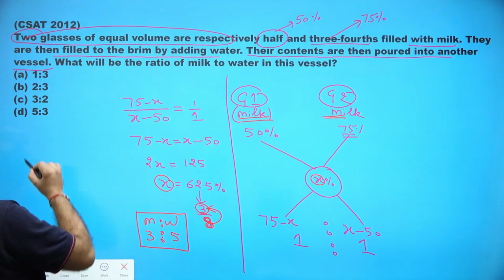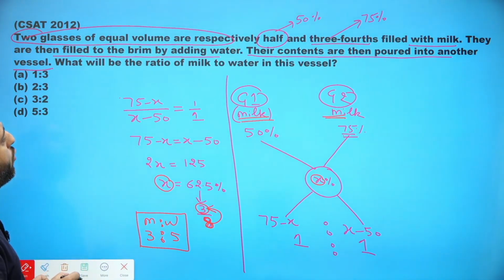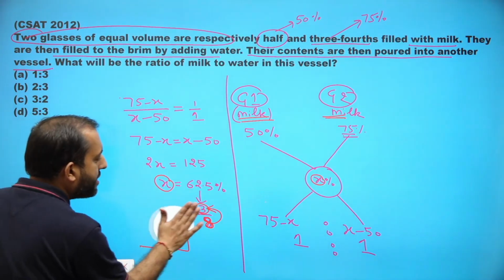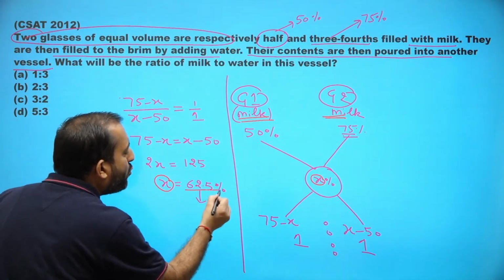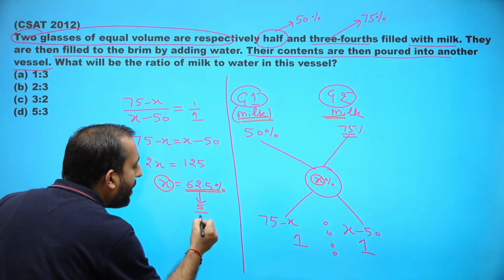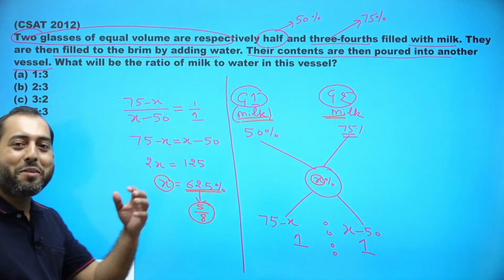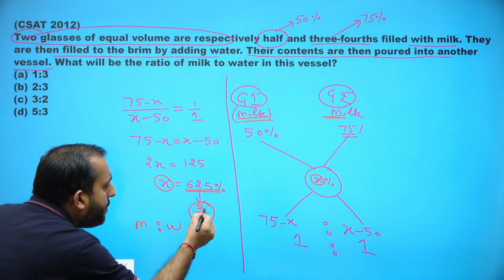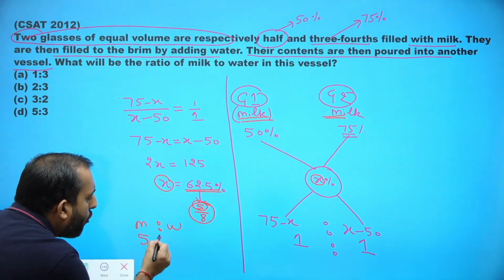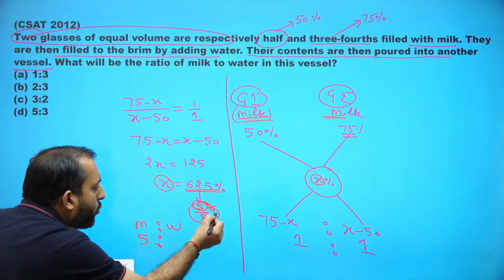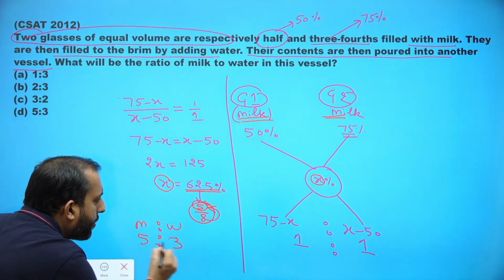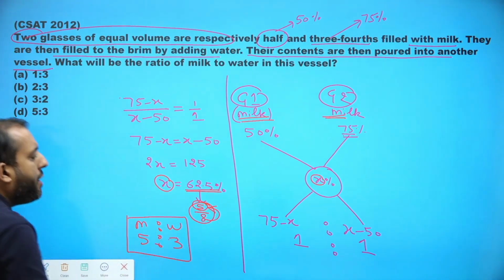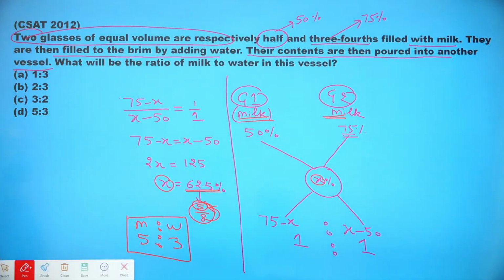So the ratio of milk to water, what we are looking for. I'm really sorry guys, just correct it. 62.5% is 5 by 8, not 3 by 8. So milk in the mixture will be 5, and for water subtract these two, which is 3. So milk is to water in the mixture will be 5:3.